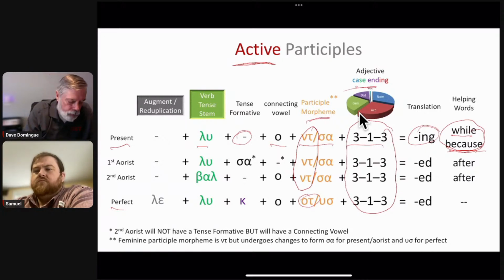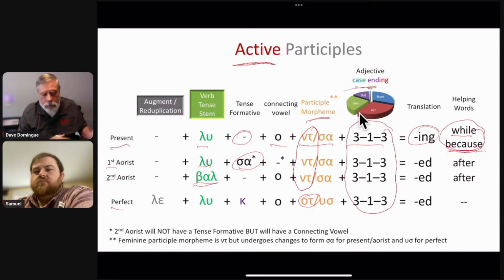In the aorist, first aorist or second aorist really doesn't matter. Aorist is an aorist in terms of how we translate, but how it looks, its form, differs. For the first aorist, you're going to use the aorist tense stem with a tense formative. In the second aorist, we're going to use basically the root, the more accurate root stem.